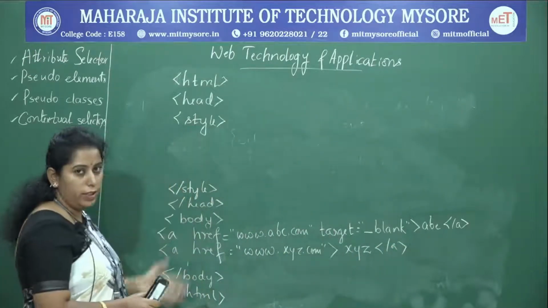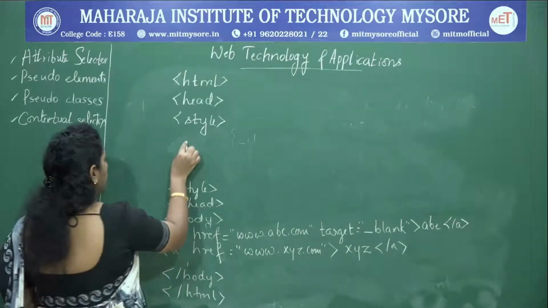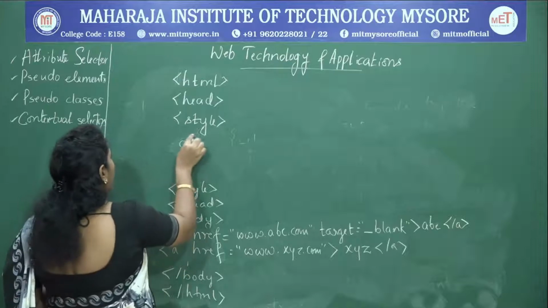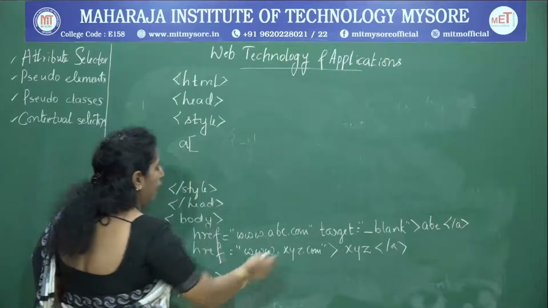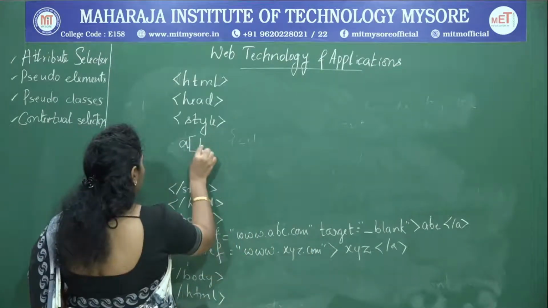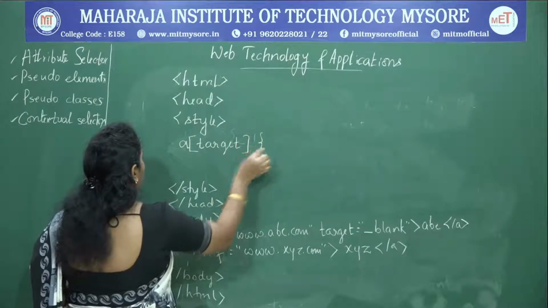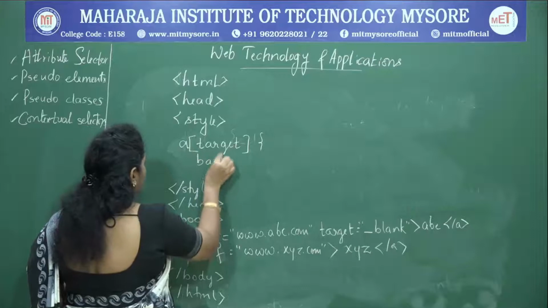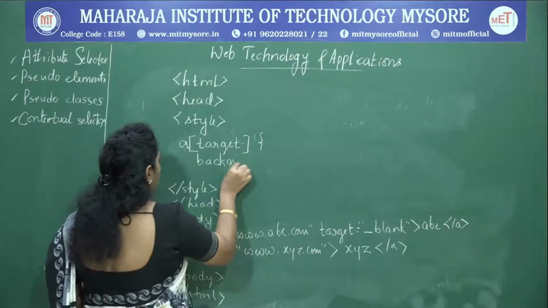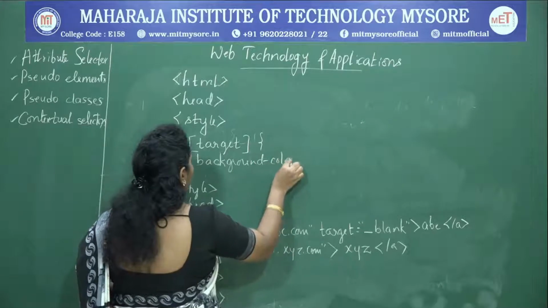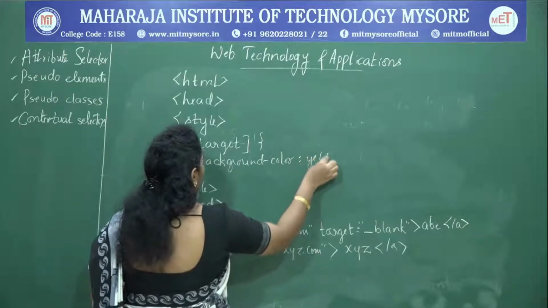Now using this, you have to take a selector A and inside a square bracket I am going to use this attribute, that is target. For this I am going to set a style rule, that is background color yellow.